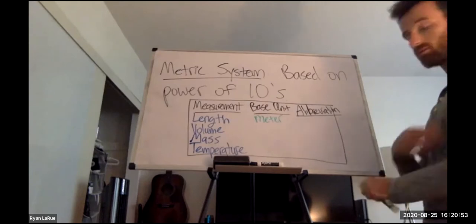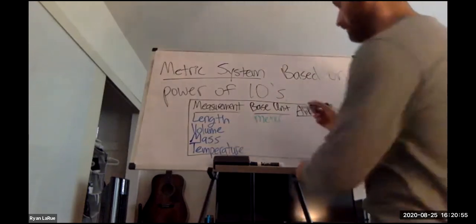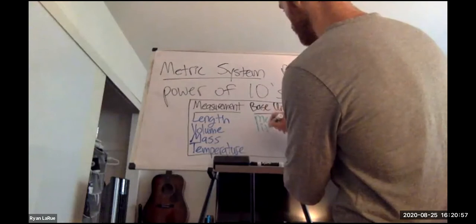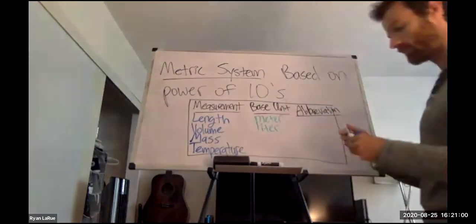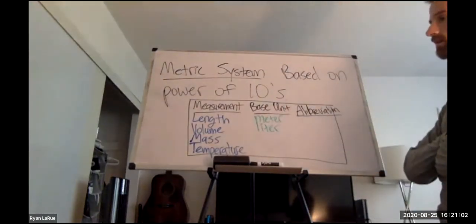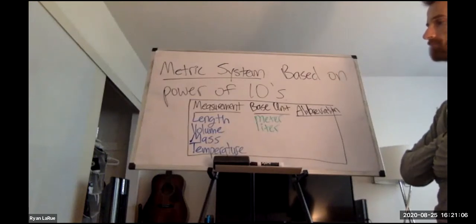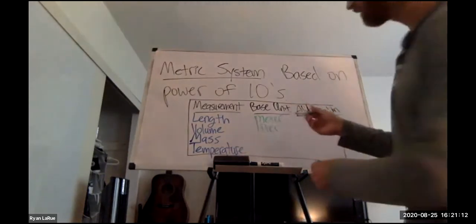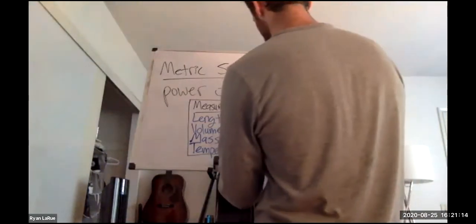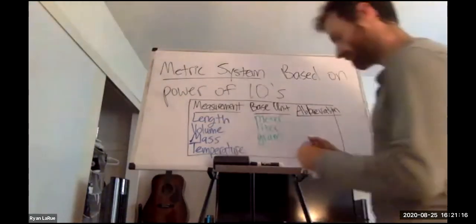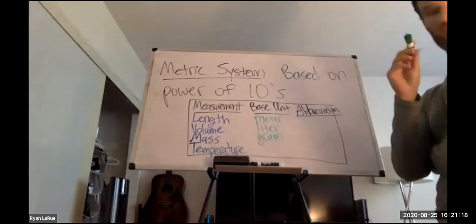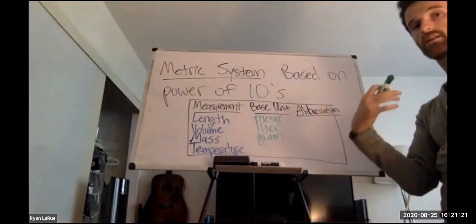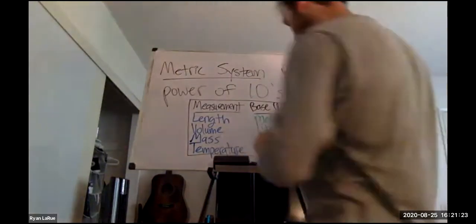The base unit for volume is liter, L-I-T-E-R. Mass, the gram, or grams, so we'll write gram. And then temperature is going to be degrees Celsius.